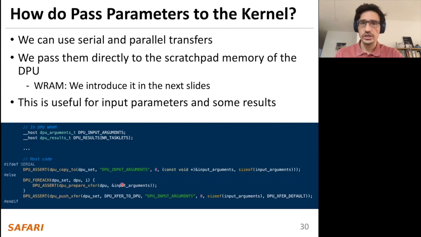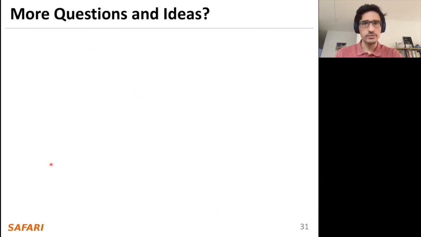You have here some example. The only difference is that in these transfers, we are directly copying these input parameters, as well as we can retrieve later some results to or from the WRAM, also called working RAM, which is a small SRAM memory that the DPUs contain. And we are going to introduce it in the next slides.